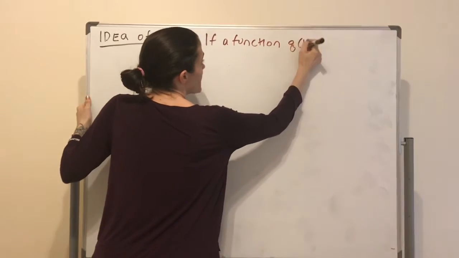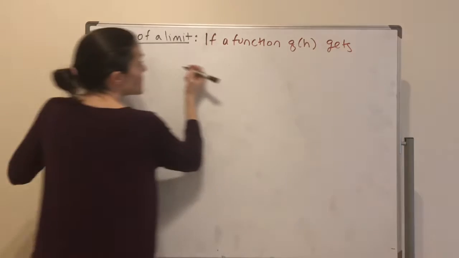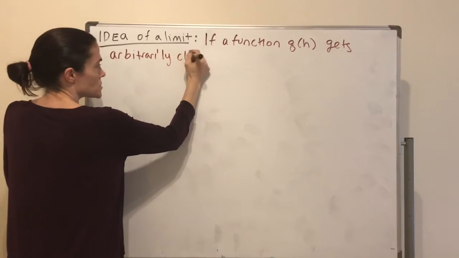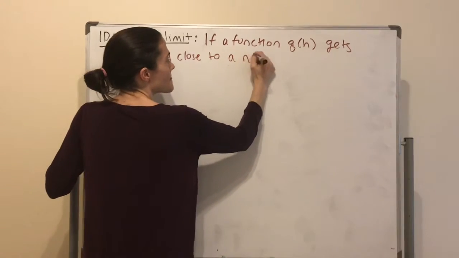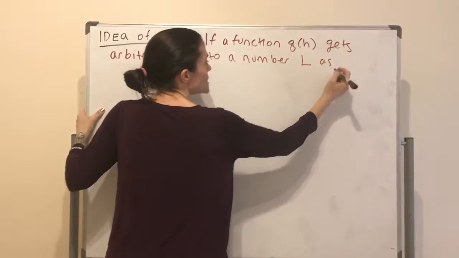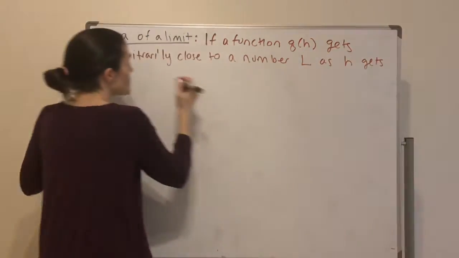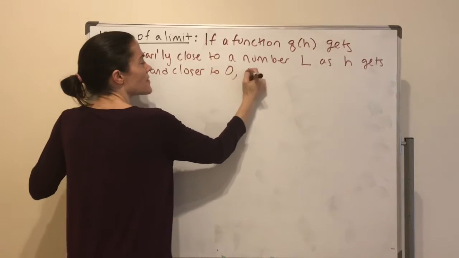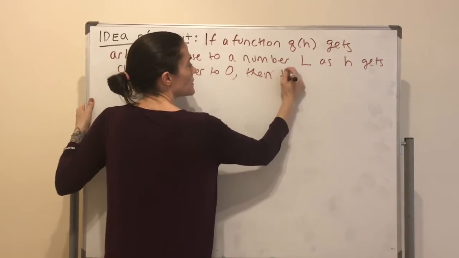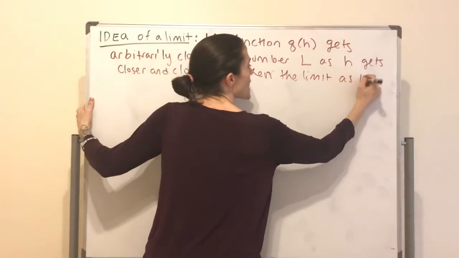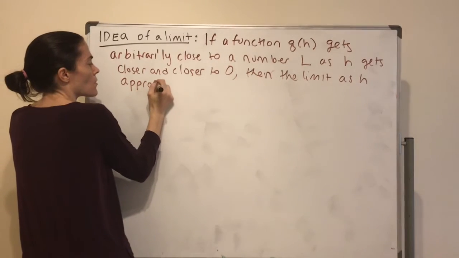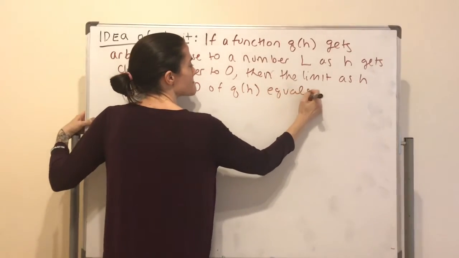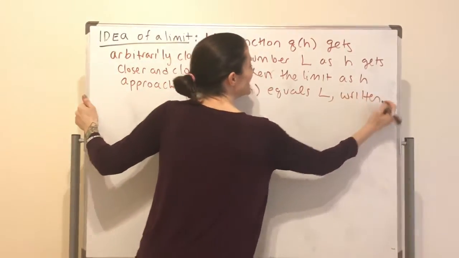So we have a function q of h, and this gets, I will say arbitrarily, close to a number L as h gets closer and closer to 0, then the limit as h approaches 0 of q of h equals L.